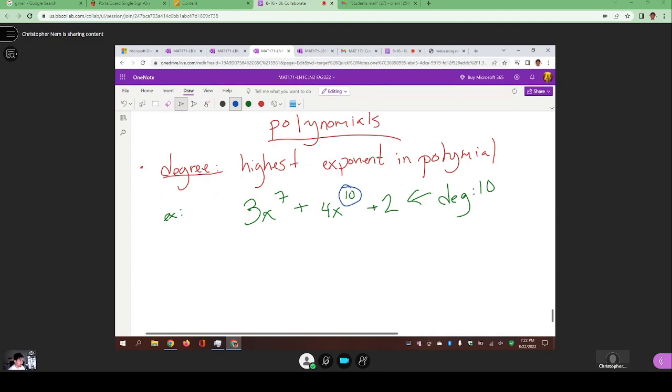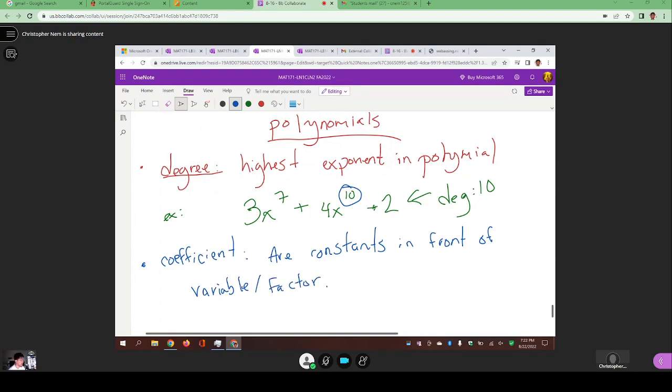So now we got to talk about other parts of the term. The first part of the term we got to talk about is called the coefficient. Some of you guys might have heard what a coefficient is. Coefficients are constants in front of variable slash factors.